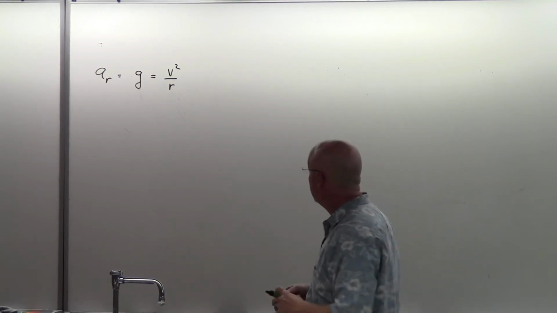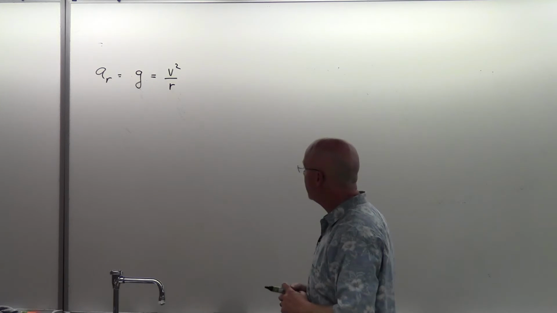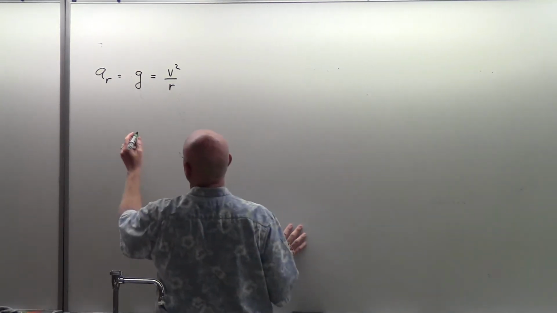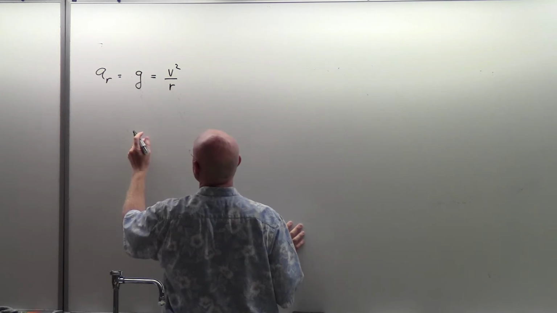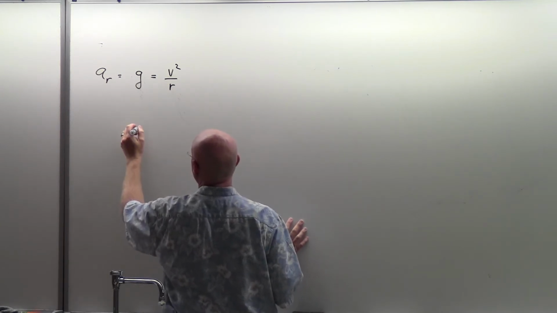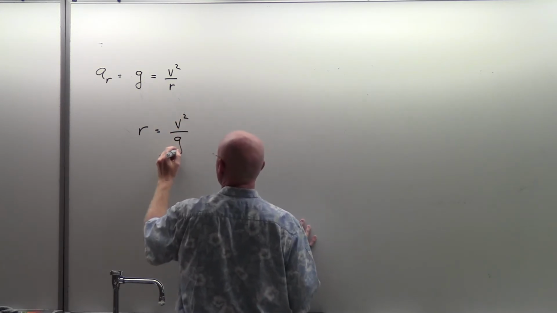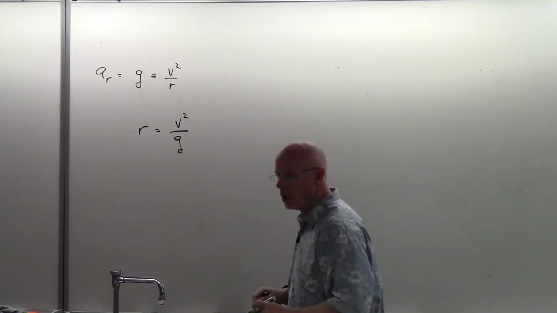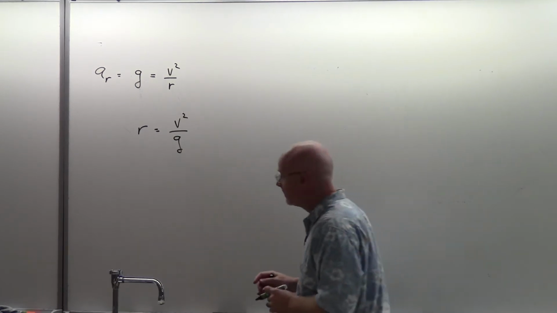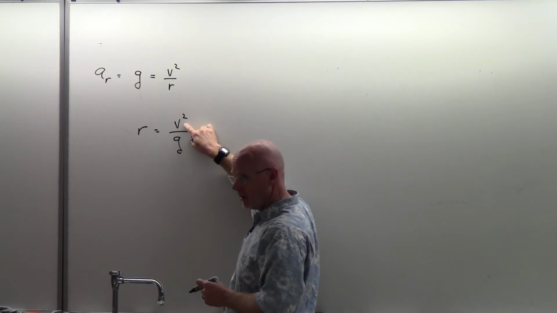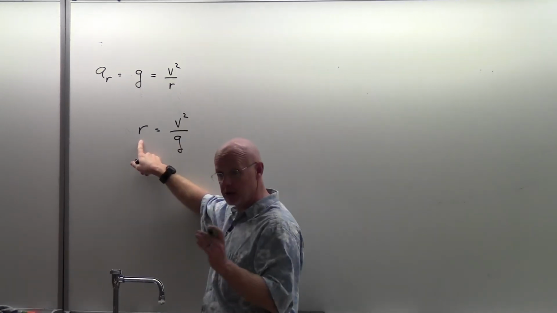Let's talk for a moment here. What if the speed was slow? Well, maybe I'll put it this way. R equals v squared over g. When you first kick it, and you have a low speed, doesn't that mean it has a small radius of curvature?